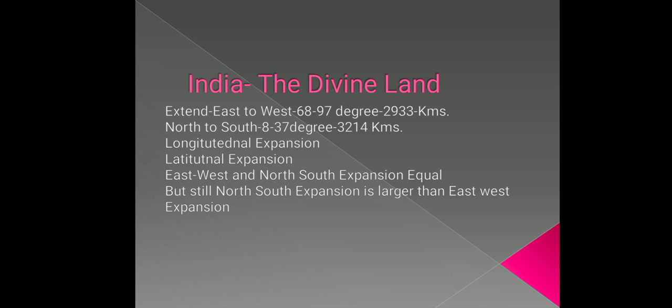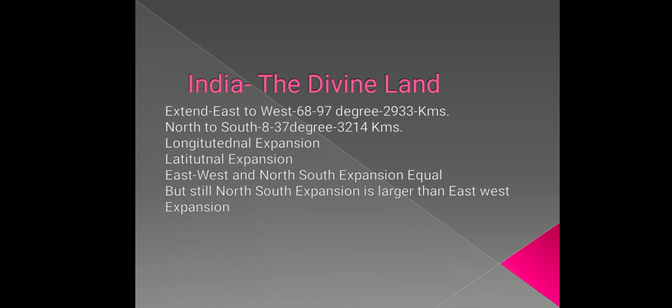In this way, the expansion of India in kilometers is 2,933 kilometers. But if we see the latitudinal expansion of India from south to north, that is from 8 degree to 37 degree, here the distance in kilometers is 3,214 kilometers.